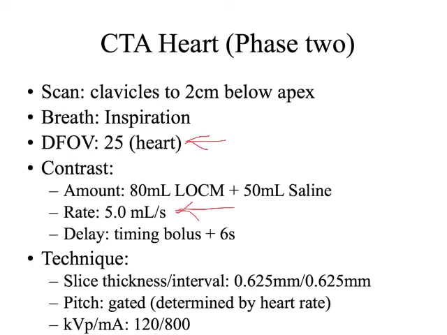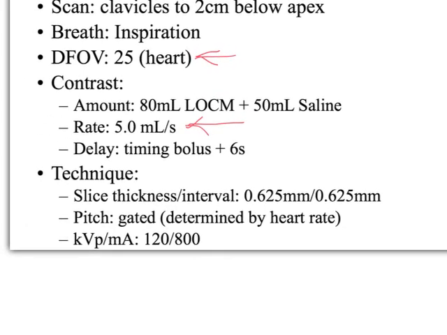We're going to do a timing bolus, and then once we see the contrast perfusing in the circulatory system, we'll do about a 6-second delay, and then we'll initiate the scan. Let me move this slide. The technique, we want a pretty small slice thickness for this.